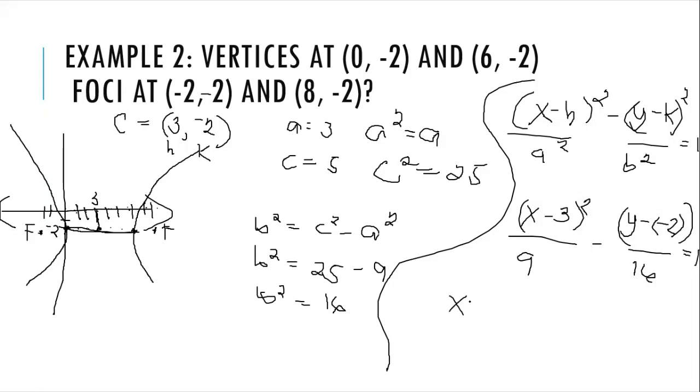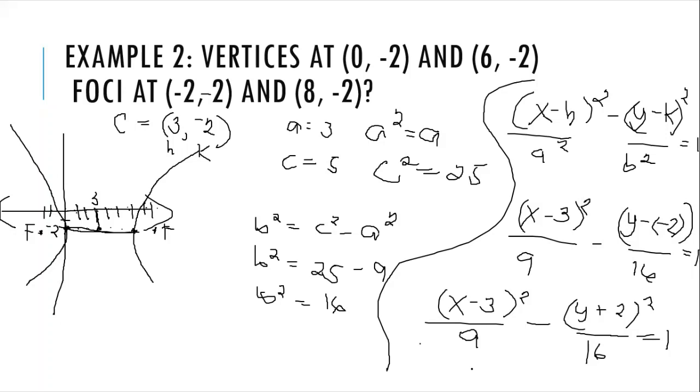Final answer: x minus 3 quantity squared over 9 minus y plus 2 quantity squared over 16 equal to 1, since minus negative becomes positive. So that's our standard form of the hyperbola in example number 2.